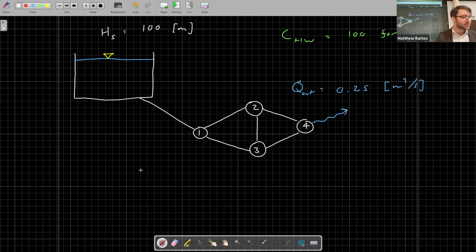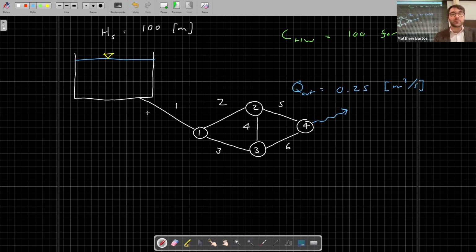And let's number these pipes as well. So the pipe connecting the reservoir with junction 1 will be called pipe 1. This pipe here will be called pipe 2. This pipe here is pipe 3. This pipe here is pipe 4. This pipe here is pipe 5. This pipe here is pipe 6.